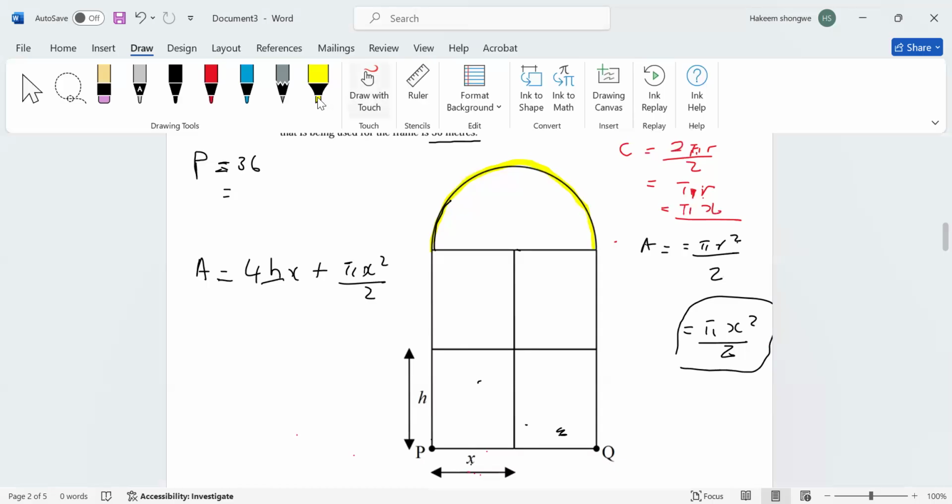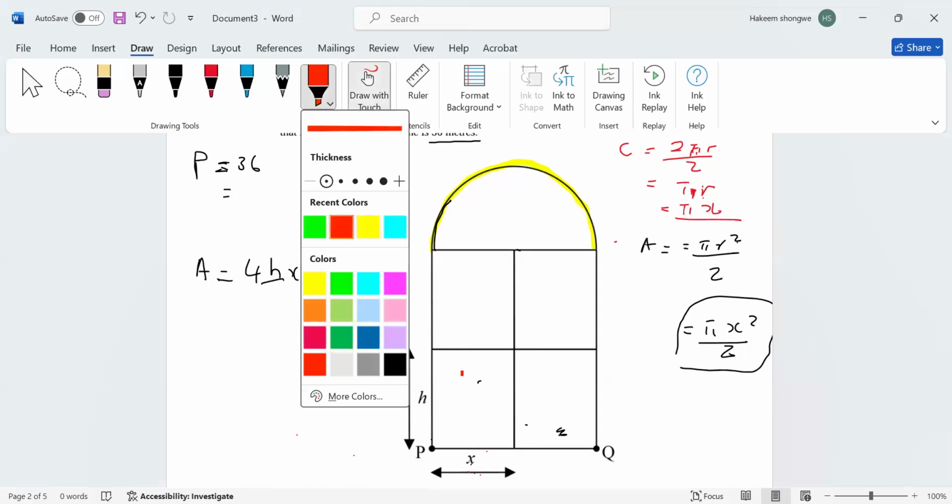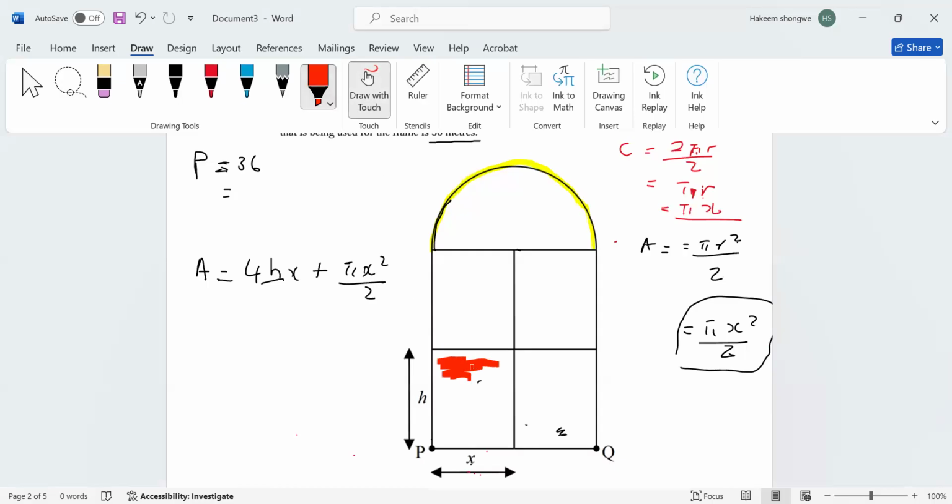Now this smaller rectangle's perimeter is given by 2 sides, x, which is going to be 2x plus 2h.